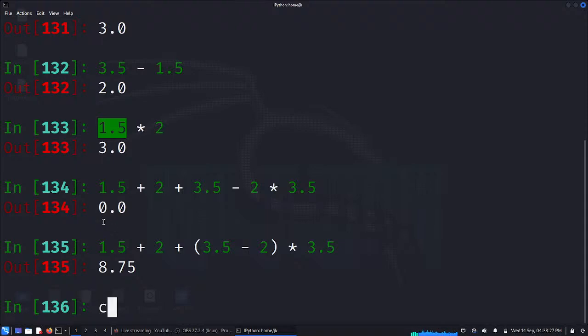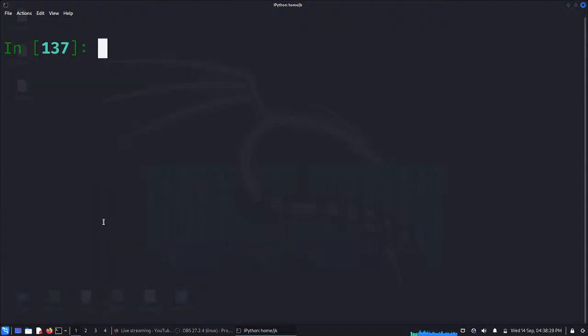Now immediately comes to mind, what is the next operator? Yes, division. I can do, of course, 6 by 2, so 3. This is an interesting thing. Even though 6 by 2 is 3, which can be an integer, the output result is a float number. That is the way it is implemented. It is giving us a float output.